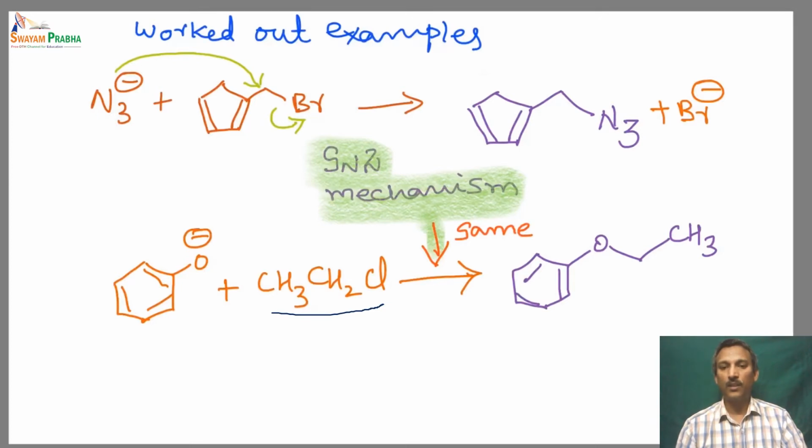So the mechanism is SN2 type, which is a rear side attack on both of these substrates. Here the bromide is replaced, and here the chloride is replaced by the nucleophiles. So this is an example of the SN2 mechanism. Like this, we can find out how the products are formed.